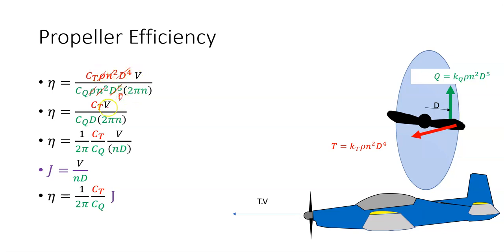So we get CT times V all over CQ d 2 pi n. Just separate those components out. So the 1 over 2 pi, that's that. CT over CQ is there, and then I get V left over n d. And we said this was equal to J. So the efficiency is equal to 1 over 2 pi times CT over CQ times J.